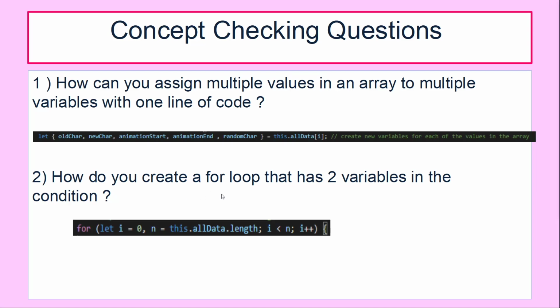Second one, how do you create a for loop that has 2 variables in it? Well, you can just add the variables into the first segment of the for loop. This can be very helpful if your condition is a little bit more difficult to calculate.